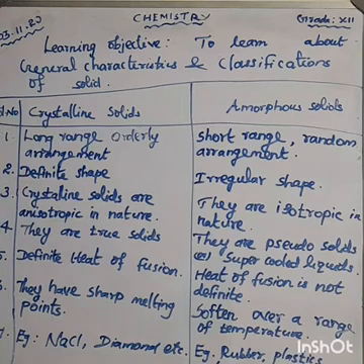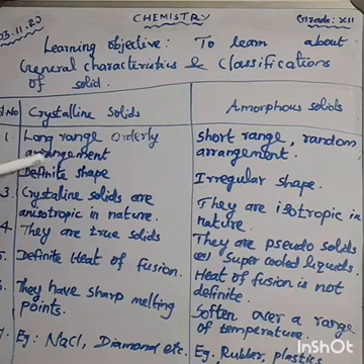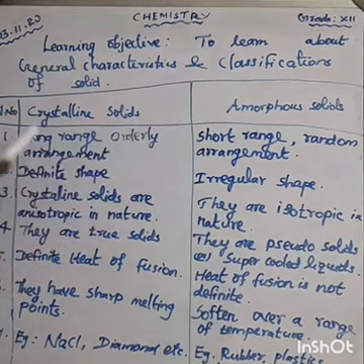The crystalline solid has a long-range orderly arrangement of the constituents. The atoms, molecules or ions are arranged in a certain order. What about the amorphous solid?